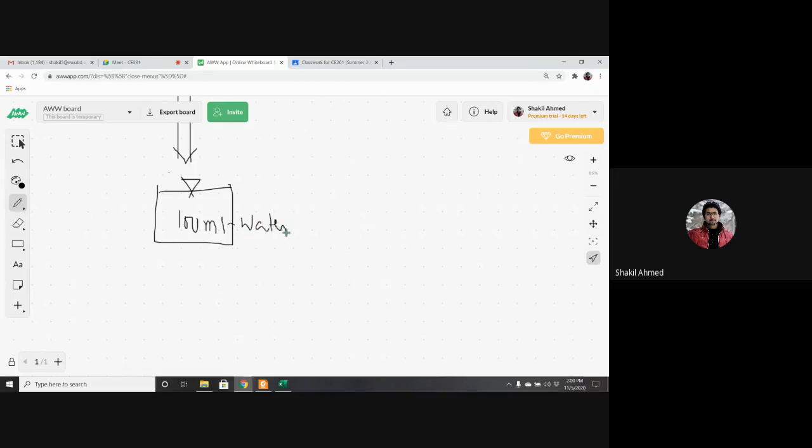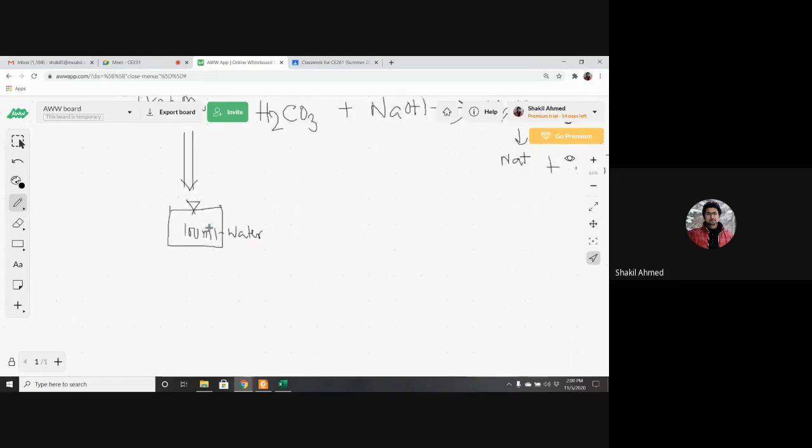Now if you have carbon dioxide, then you have H2CO3, am I right? Yes, sir. So now you want to titrate it with what? Base. In the burette, what will be there? Sodium hydroxide base, right? Yes, sir. Simple. So you just add drop by drop.